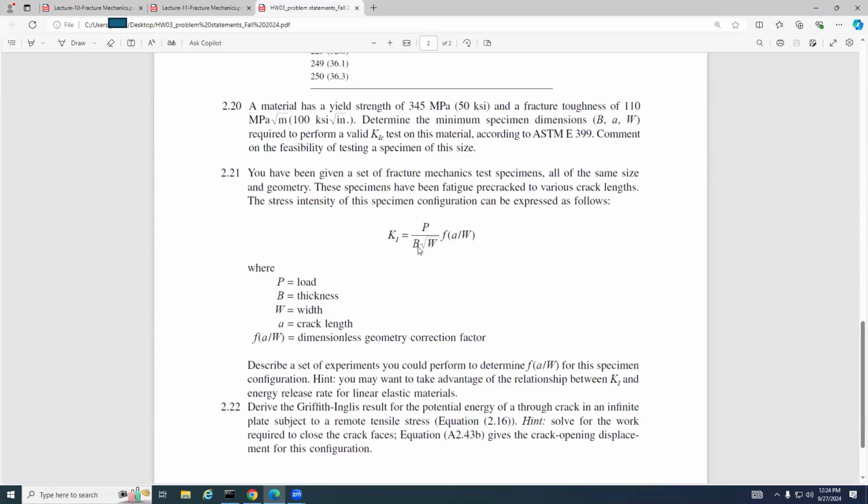For the geometry of interest, it can be inferred by measuring the elastic compliance as a function of the crack length. You evaluate this, and then insert into this equation. Evaluate this, then use this equation to get F of a over W.